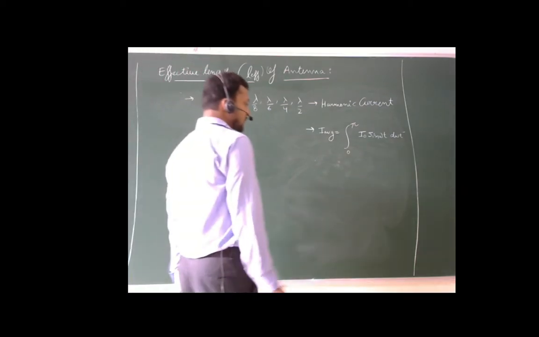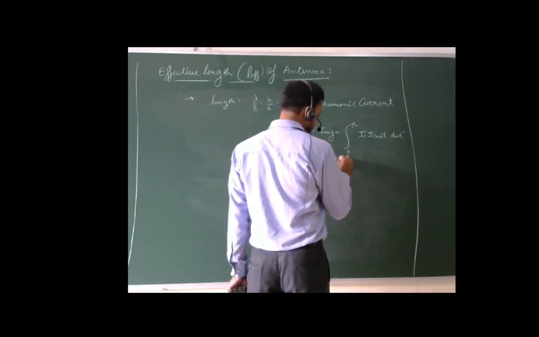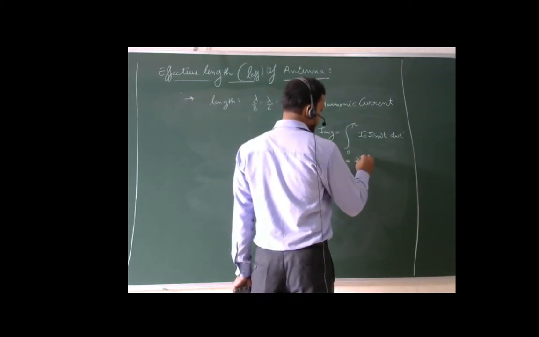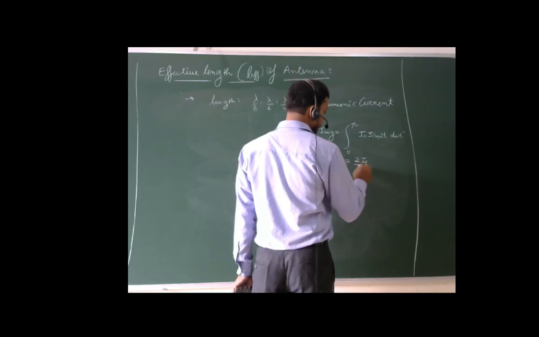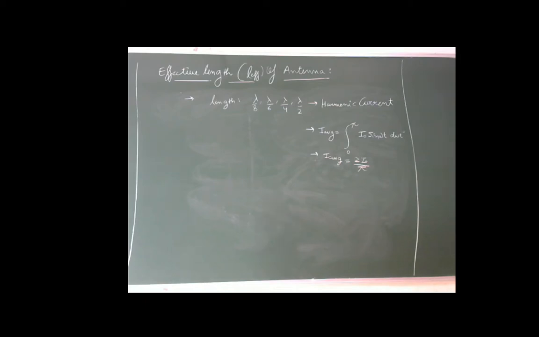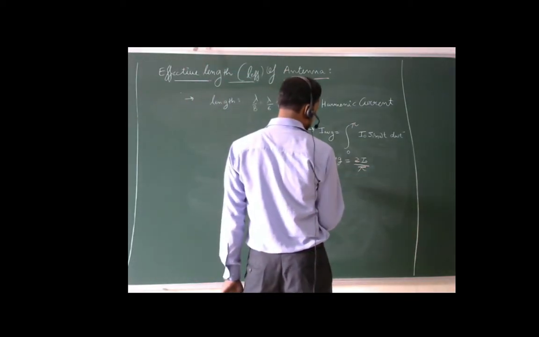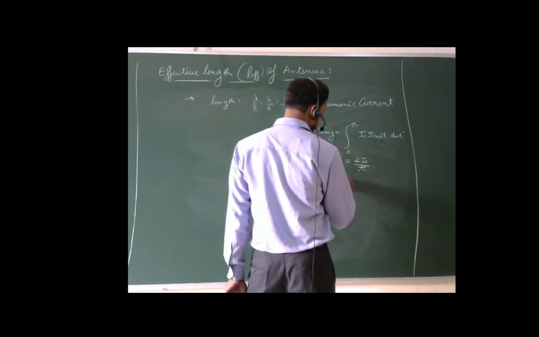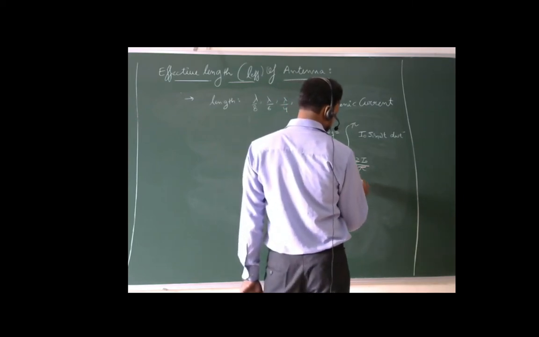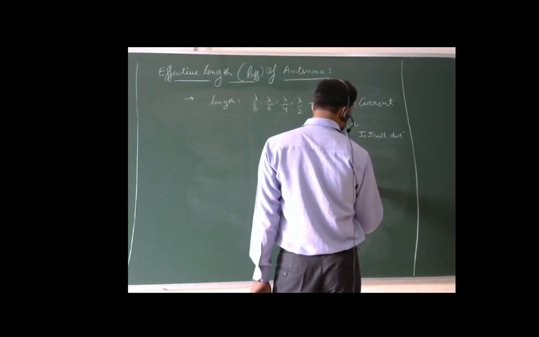When we evaluate this, it will give you I average equal to 2 I naught by pi. So this 2 I naught by pi will definitely give you the effective length, which is equal to 2 times the physical length by pi.